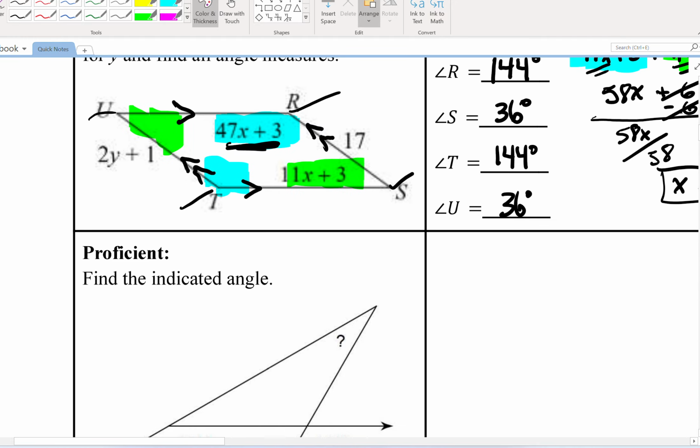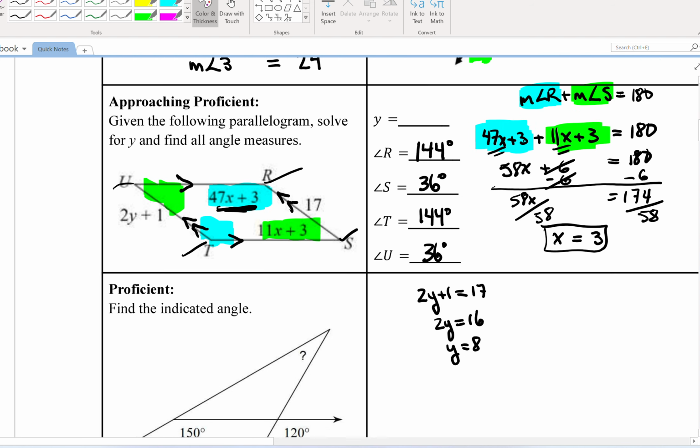If 2y plus 1 is equal to 17, I subtract 1 from both sides and get 2y is equal to 16. Divide both sides by 2, y equals 8. There you have it for that.